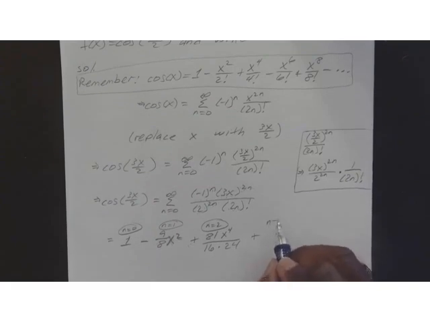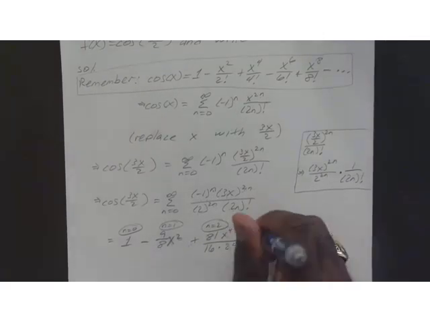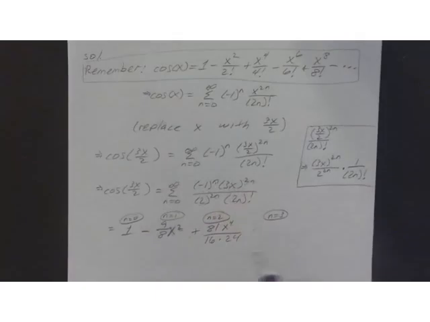Plus, when our n is equal to 3, we have negative 1 to the 3rd power, so this will end up being minus, negative 1 times negative 1 times negative 1. So we have 2 to the 2 times 3, which is 6.